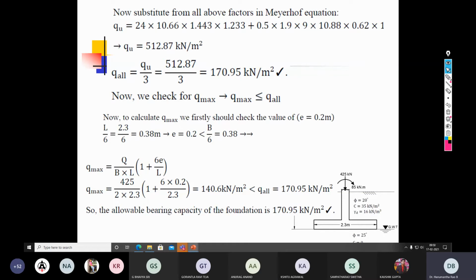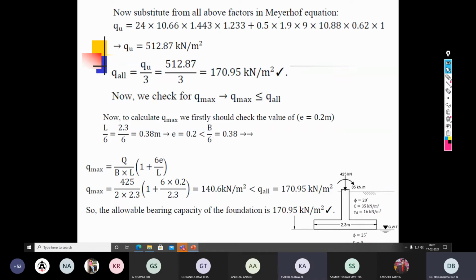When we have a question where it is not mentioned in which direction the eccentricity exists, that condition will not arise in real life. But under a hypothetical condition, if you do not have any idea, you take the eccentricity in both directions, calculate the allowable bearing capacity, and take the minimum of those two.